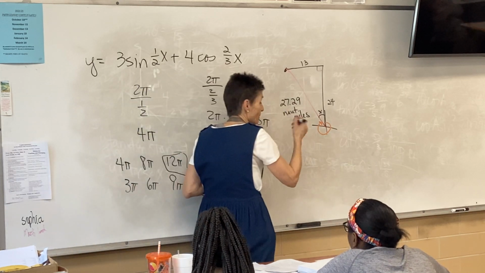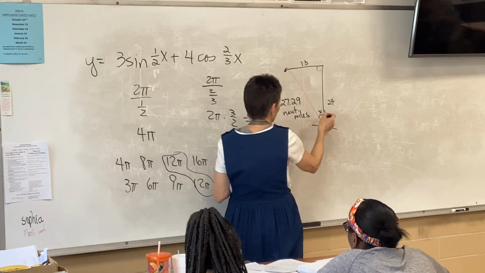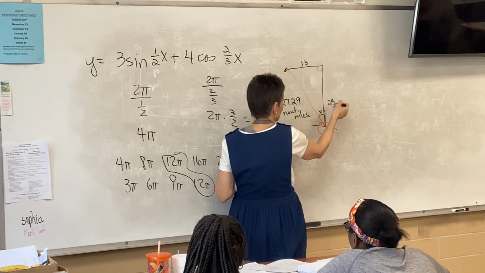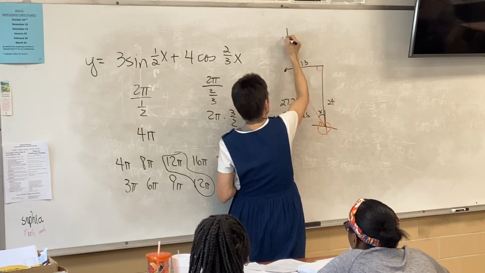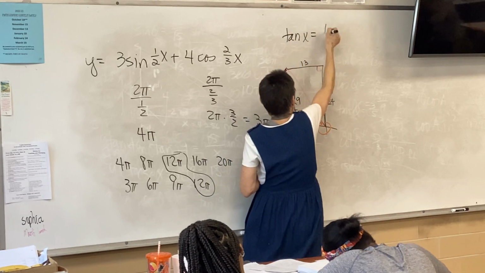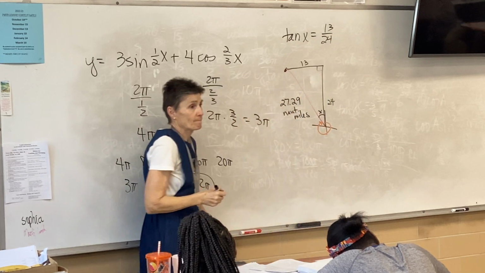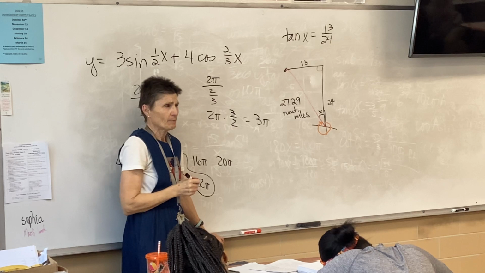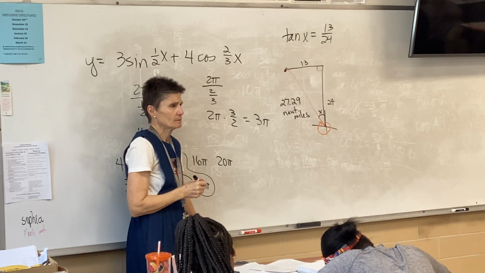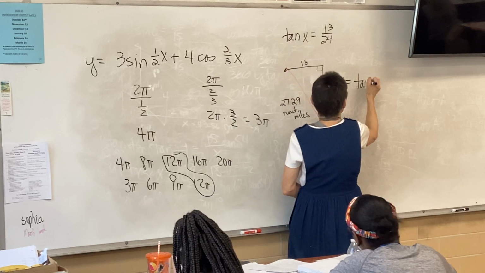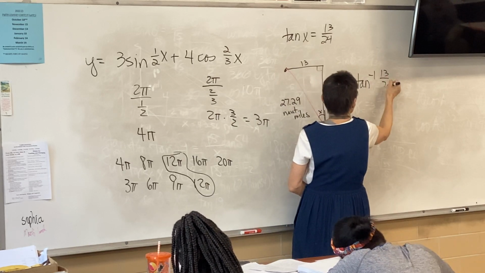Trying it sideways, but it's just like the squirrel problem. What have I got here? This side is opposite, this side is adjacent. So tan X equals 13/24. How do I type that into my calculator? Second tangent. So X is second tangent, 13/24.